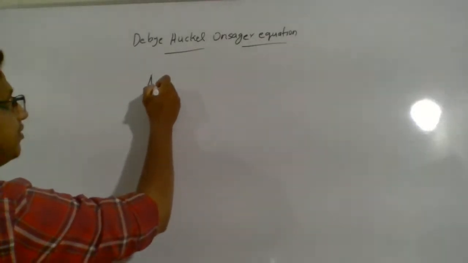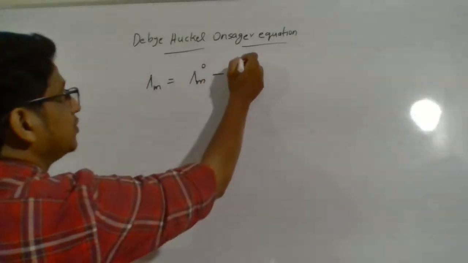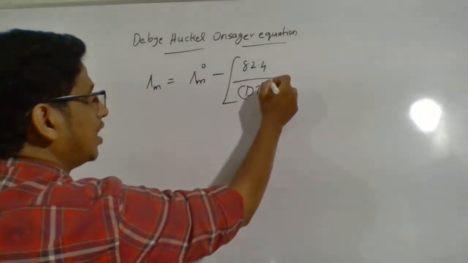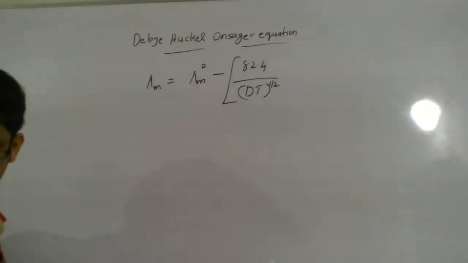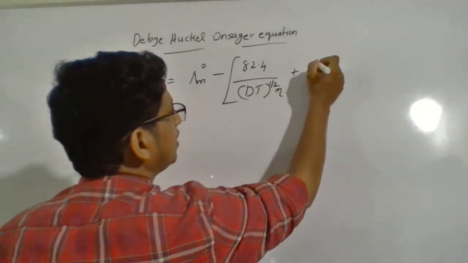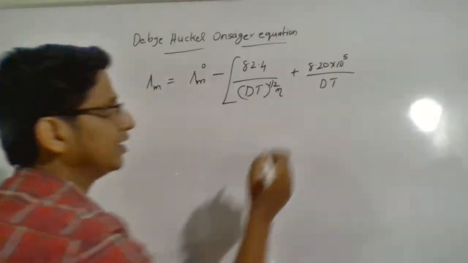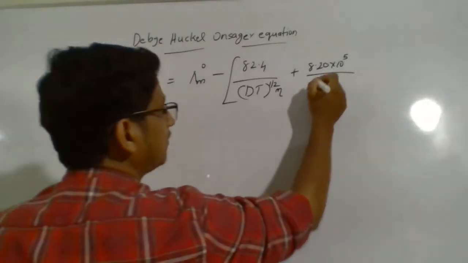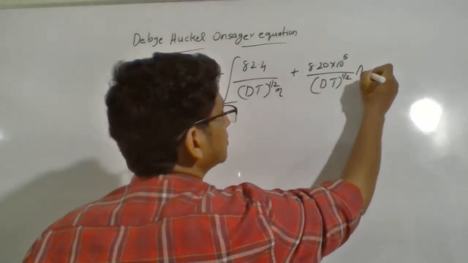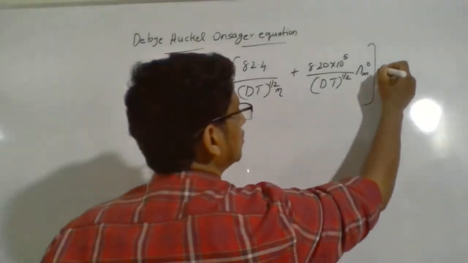Onsager equation is lambda m is equal to lambda m0 minus 82.4 divided by (DT) raised to half into eta plus 8.20 into 10 raised to 5 divided by (DT) raised to half into lambda m0, where lambda m0 is the molar conductivity at infinite dilution, and into root c.